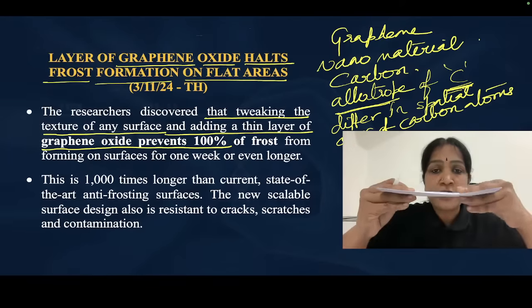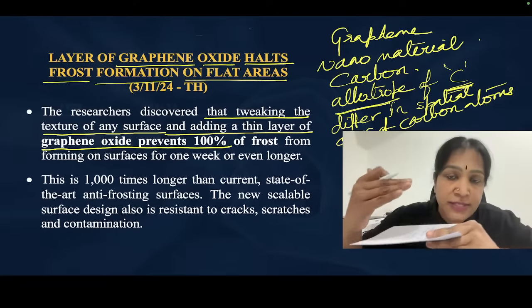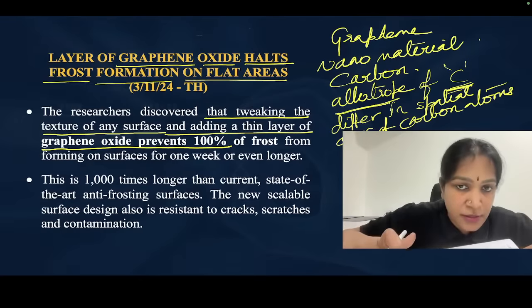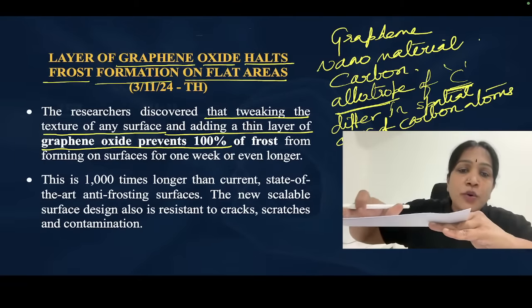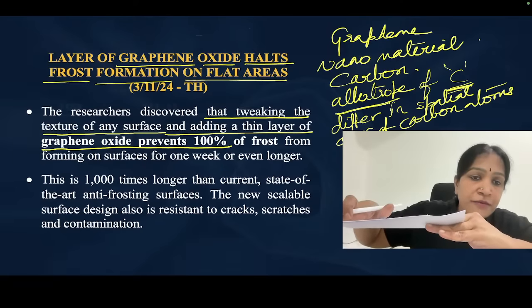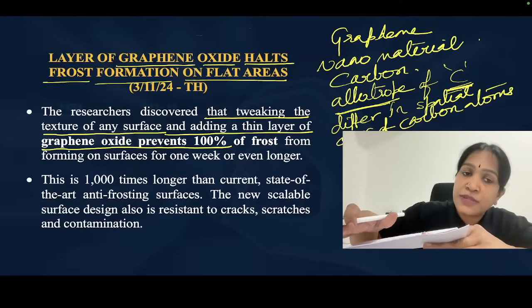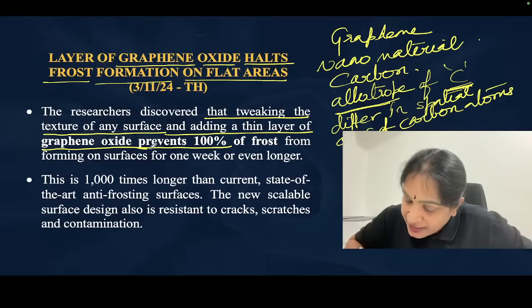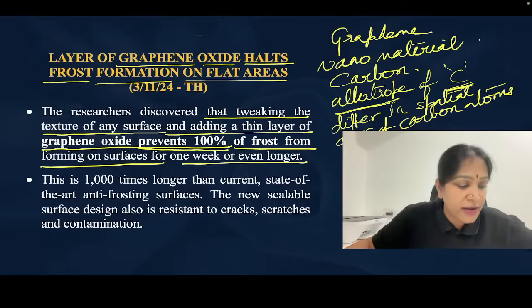Let us suppose I have a surface and I don't want frost, that is snow or ice, to deposit on this surface. What they discovered is, if you coat the surface with graphene, then what happens? It will remain frost free. It will prevent the frost from forming on the surface for 1 week to 10 days, even longer.